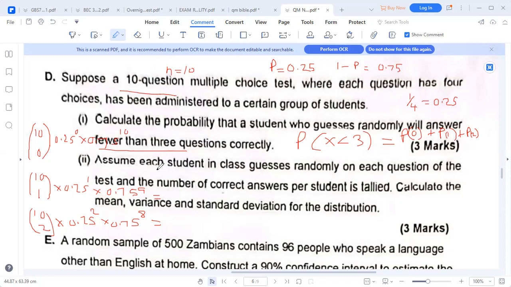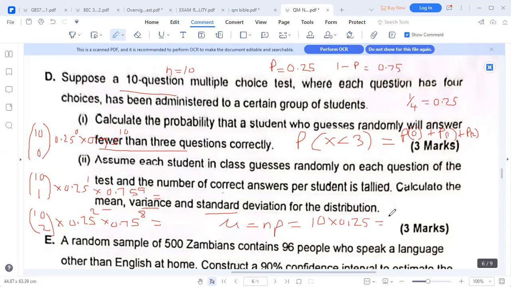And finally, assuming that each student in the class guesses randomly on each question and the number of correct answers per student is tallied, calculate the mean, the variance, and the standard deviation. So we know the mean is np, n times the probability. Our n is 10. The probability was 0.25.